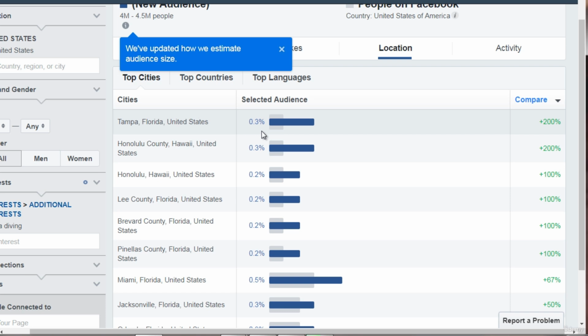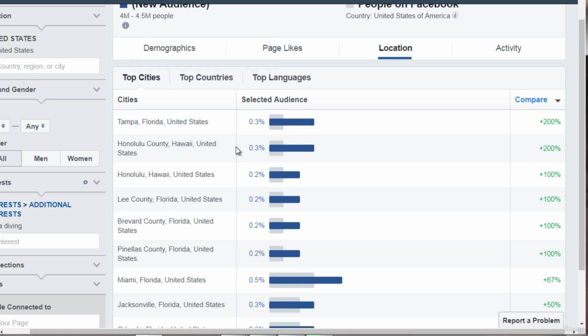This allows us to see the top cities. So we can see Tampa, Florida, Honolulu, Hawaii. So a lot of Florida and Hawaii here, which kind of makes sense because Hawaii and Florida both have a lot of beaches, a lot of places to scuba dive.